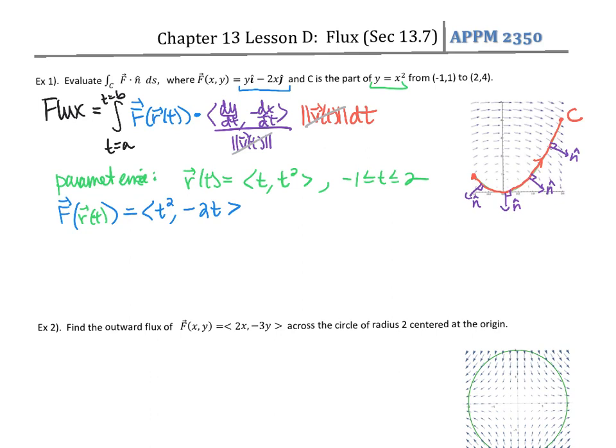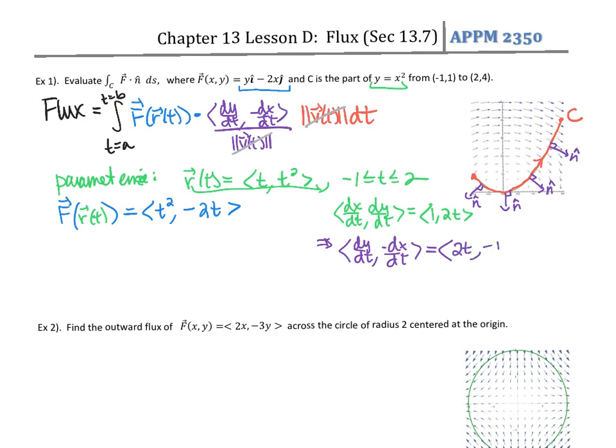So using this piece here, let's notice that dx/dt, dy/dt, which is velocity, is just going to be 1, 2t, which means that dy/dt, negative dx/dt, which is going to be normal to the velocity, will just be 2t, negative 1.